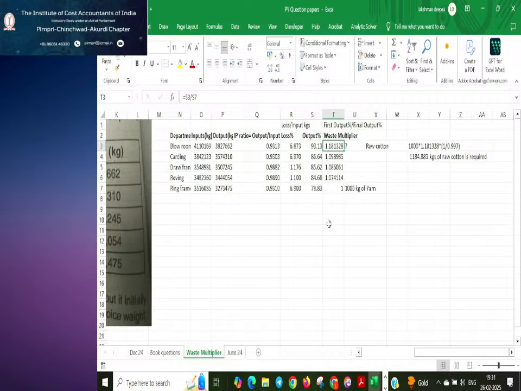Got it? So how much raw cotton is needed? 1.18, I am just rounding off to 2 digits. That many kgs will be needed to give you 1 kg of fine yarn. This is what it refers to. So if you put 1000 here, what will come? Cross multiply, 1000 into 1.18. This is a direct thing, 1180.